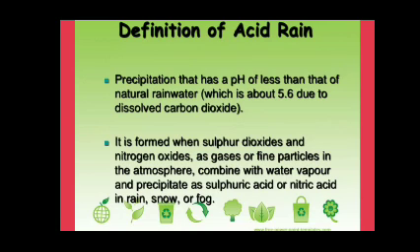The sulfur dioxide and nitrogen oxide gases combine with rainwater to form sulfuric acid, sulfurous acid, nitric acid, and nitrous acid in rainwater, snow, or fog, called acid rain.